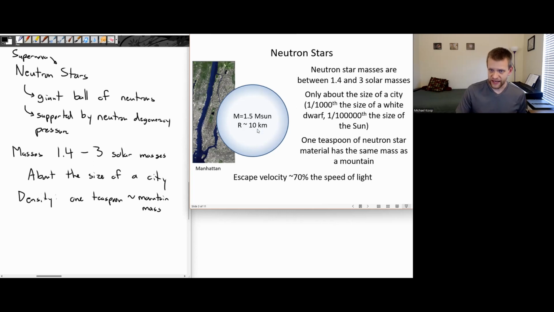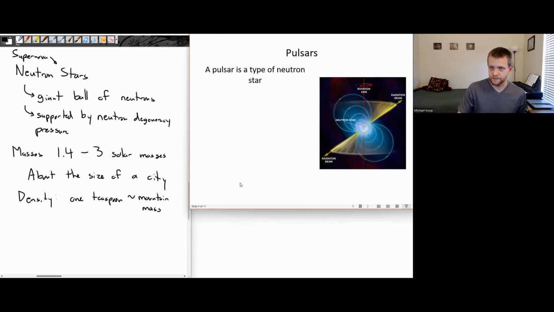Again, since all this mass has been compressed down so small and we can get really close to that mass, it's going to have an extremely large gravitational field. There is a subtype of neutron star called a pulsar. It's a subcategory of neutron star.